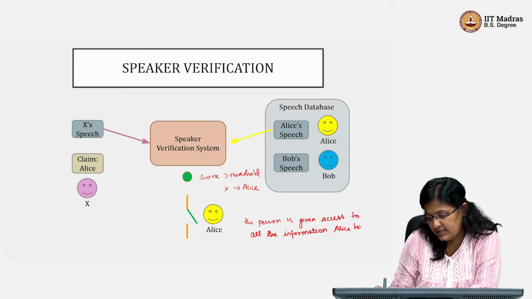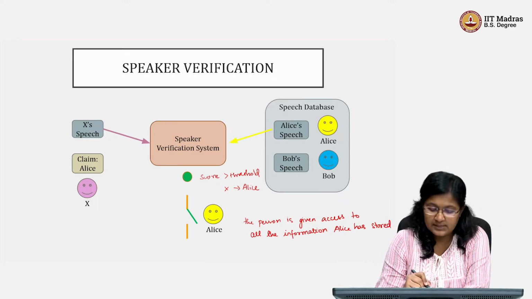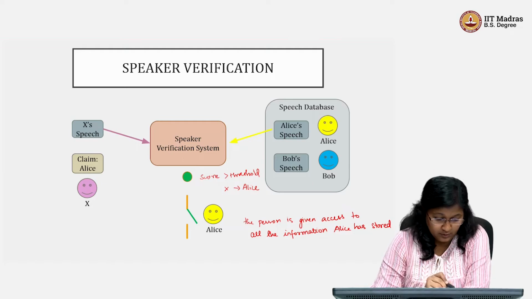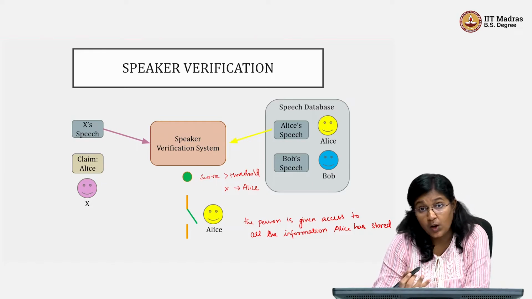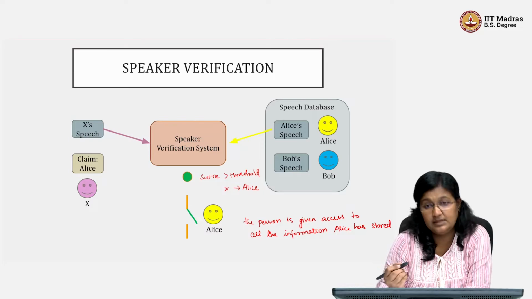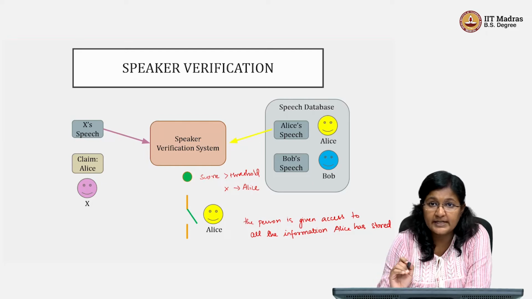Alice has stored, right? So will the speaker verification system always be correct? No, it is going to make some errors. This person may not be Alice at all, but the speaker verification system can just say, oh, it seems like Alice's voice, I'll let them in. So that's one type of error it can make.